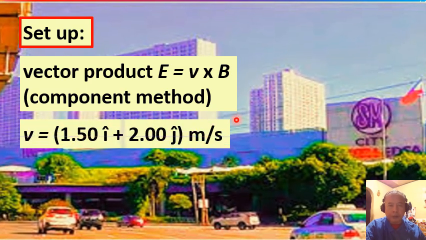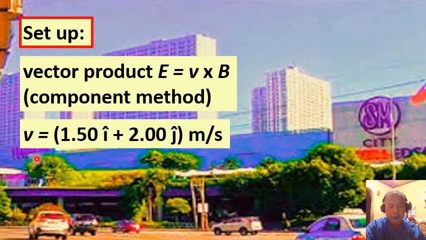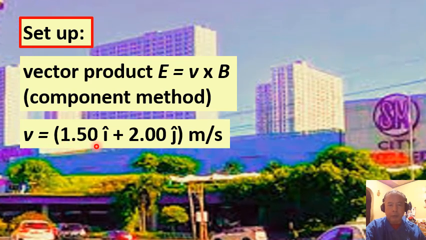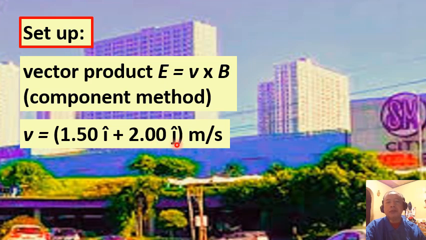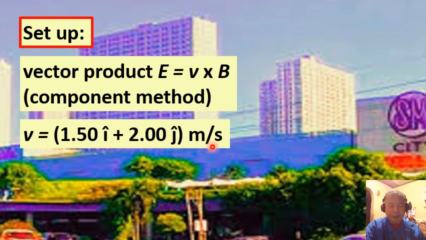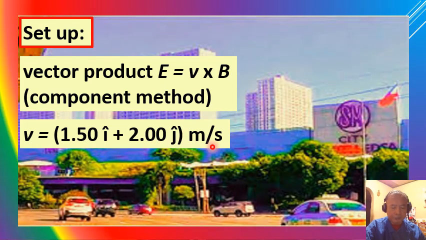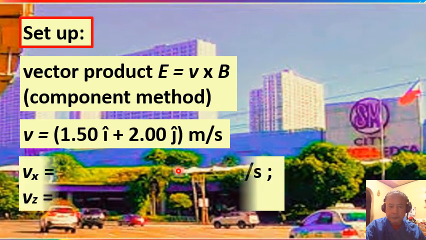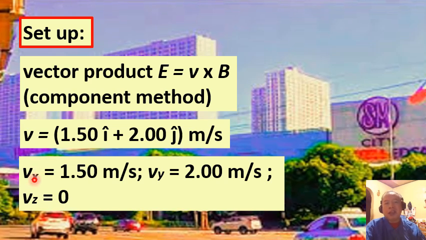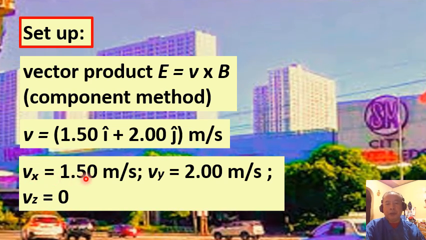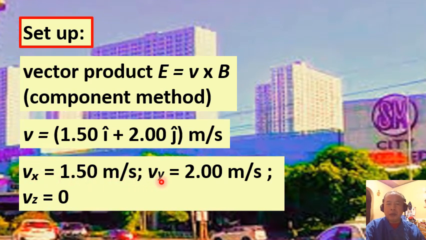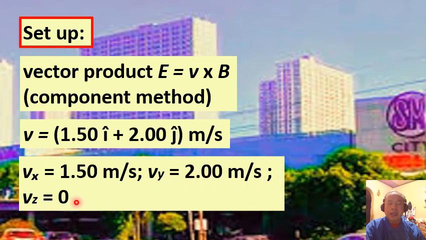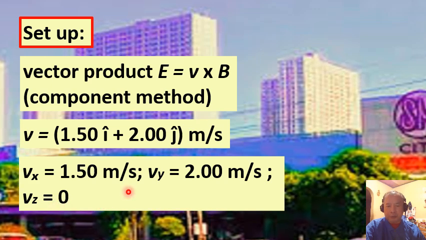For the velocity vector v, that is equal to the quantity 1.50 i plus 2.00 j meters per second, its x component is equal to 1.50 meters per second, its y component equals 2.00 meters per second, and its z component is equal to 0.